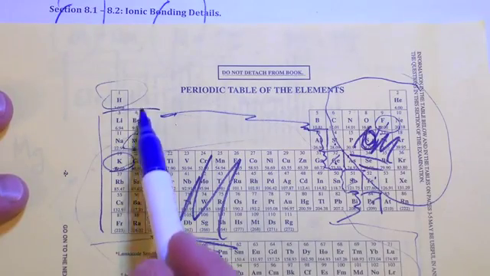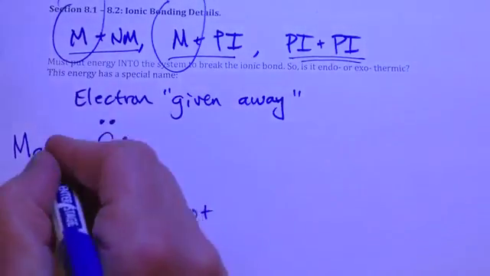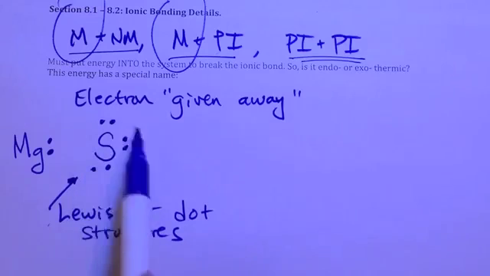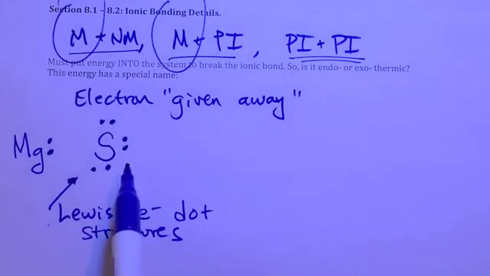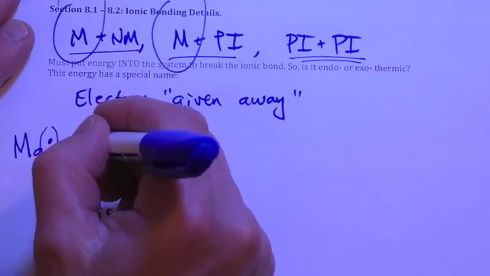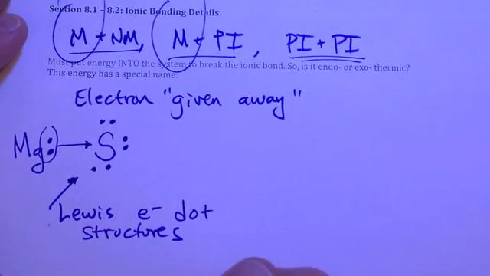It has 2 valence electrons because it's in group 2. And we could draw magnesium as having 2 valence electrons here. It's commonly drawn that 2 electrons are on each side of a symbol, but you can put them anywhere. It doesn't really matter. These 2 electrons would be transferred or given away or stolen by sulfur.